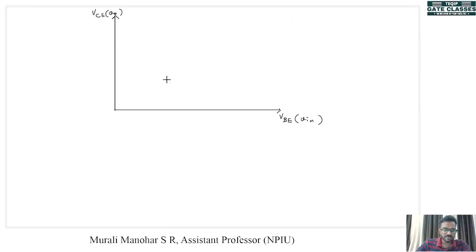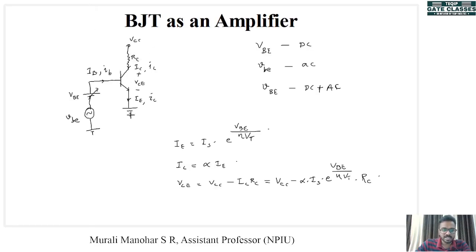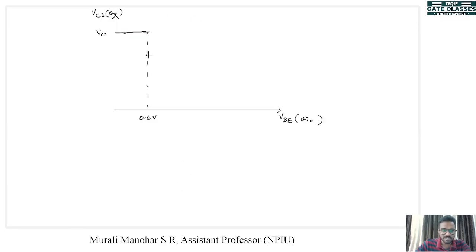So initially when VB is equal to 0, VCE will be equal to VCC, and as VB increases beyond a point where IB starts to flow extensively, let's say around 0.6 volt or 0.7 volt, then VCE starts to drop, because IC is increasing and most of VCC will be dropped in the resistance RC.